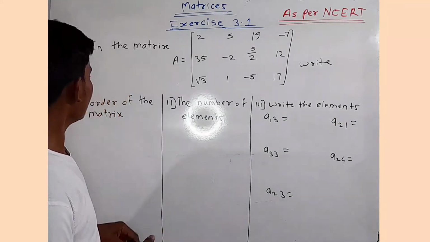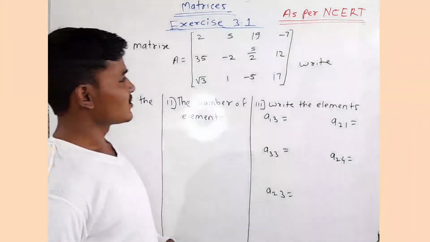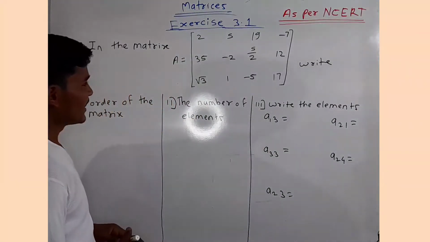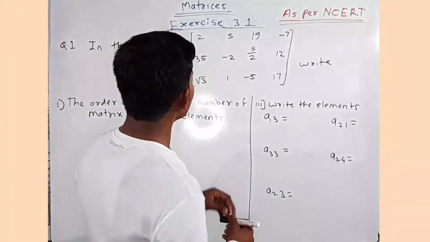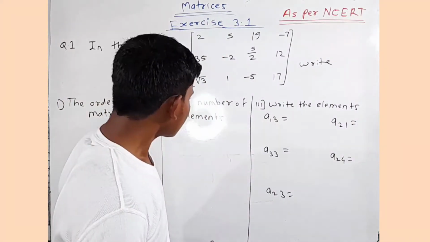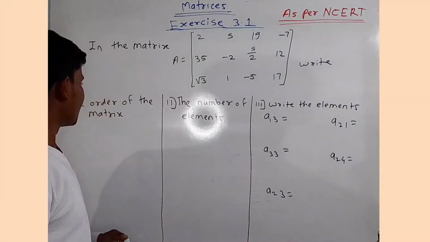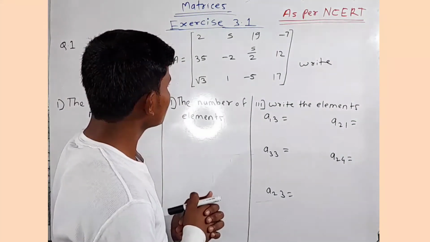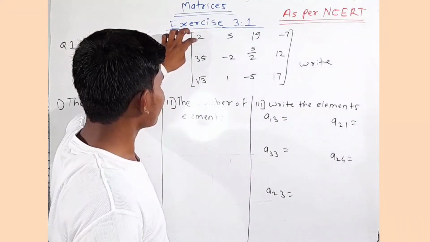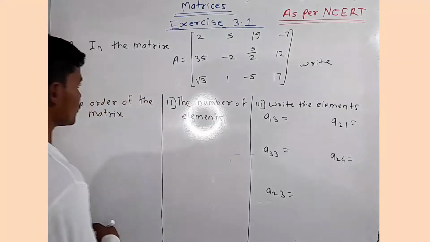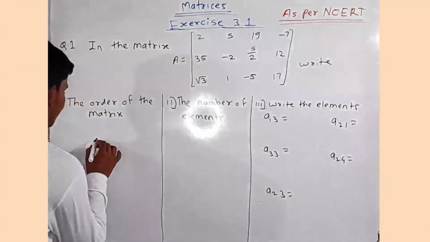So we have seen the definition of the order of a matrix. The order of a matrix is the number of rows and the number of columns in the given matrix. The number of rows: 3 rows are there, 1, 2 and 3.